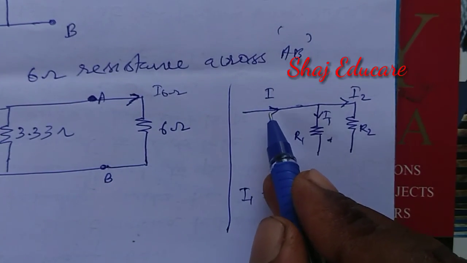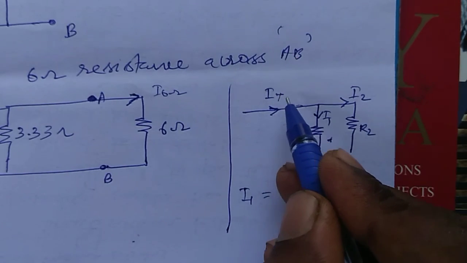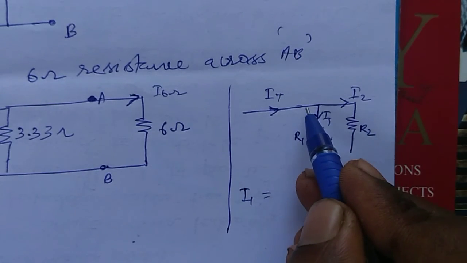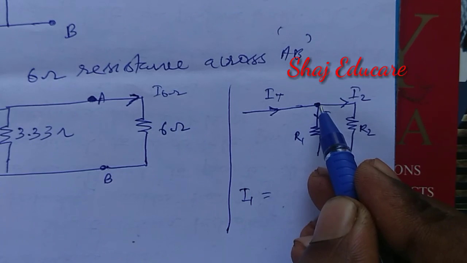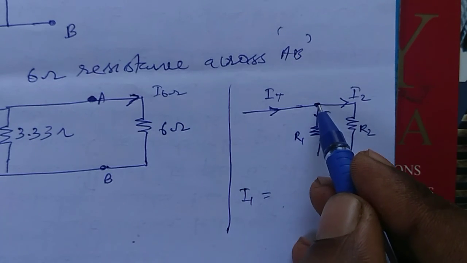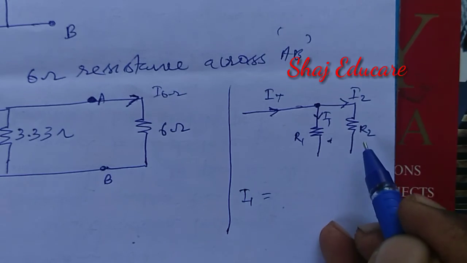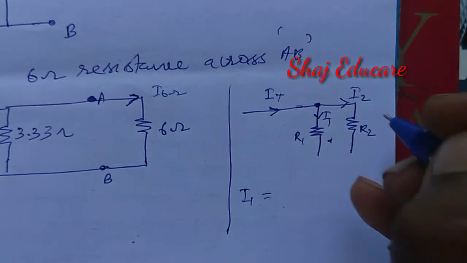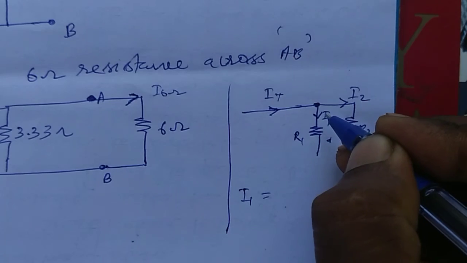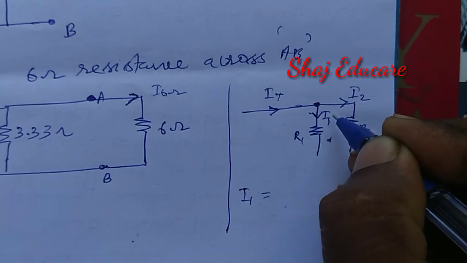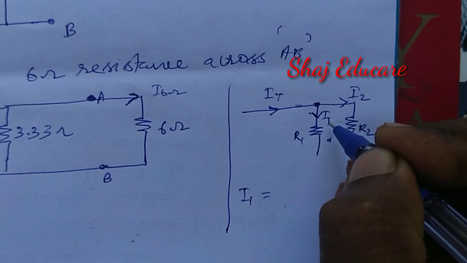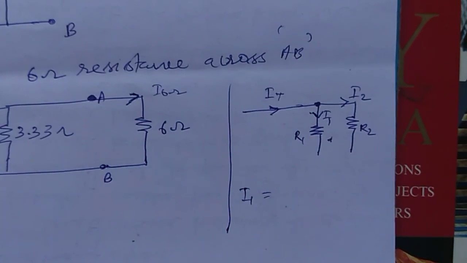Suppose we have a total current IT, T stands for total. That reaches the point, then a portion of the current flows through R1 resistance and another portion flows through R2. Now we have to find the individual currents I1 and I2 using the current division rule.